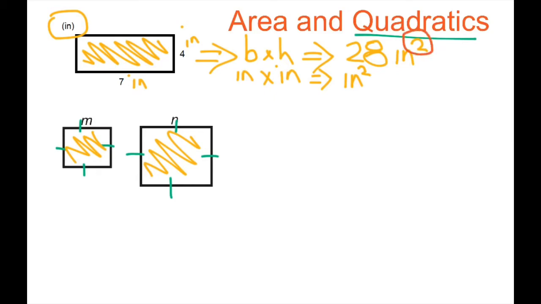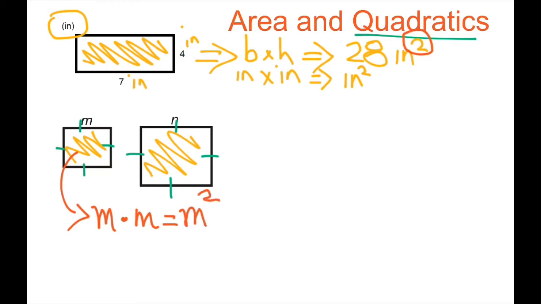Okay, now, this shape right here, it's a square. It's got a side length of m. If I find the area, I have no numbers associated with it. I have m times m. Remember, m times m is m squared.